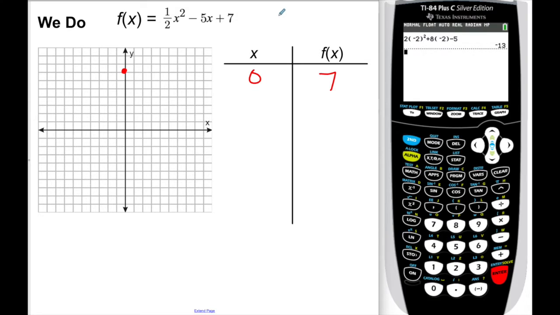The vertex is, what formula do we use? Negative b over 2a. Okay, so here's our a, our b, and our c. So it's going to be negative, but then our number is negative 5. That's our b.